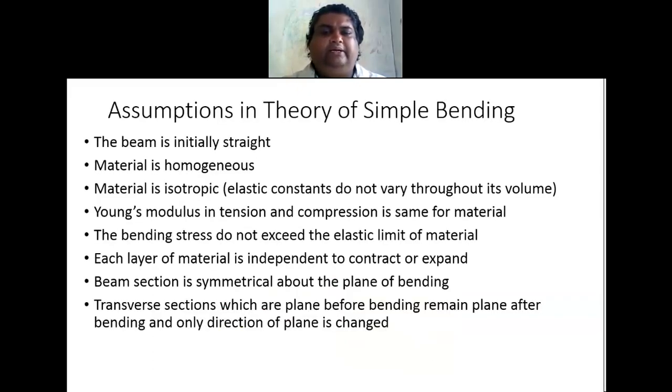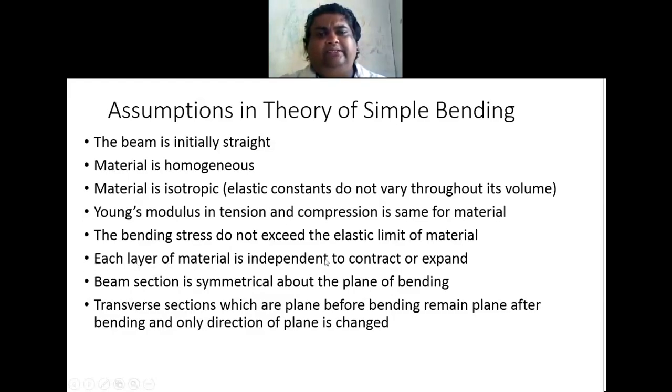It should be like that. So the stress that is induced in the beam should not cross the elastic limit. If it crosses the elastic limit, then there will be plastic deformation or permanent deformation in the material, and that is not acceptable. That is considered a failure of the beam.